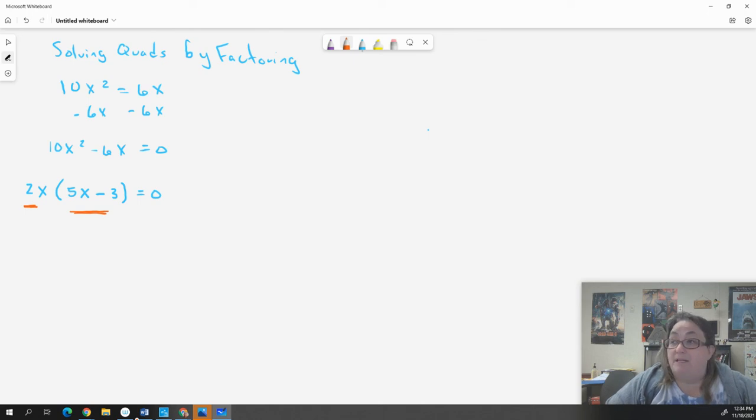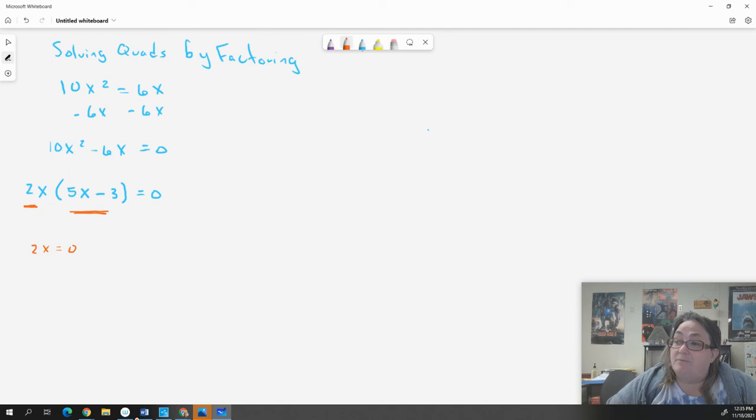Because I'm multiplying it. If whatever is in here equals 0, the entire thing is equal to 0. And we want to know, well, what makes this equal to 0? So once we get to our factors and they're set equal to 0, all we have to do is take each factor and set it equal to 0 and then solve for the variable.